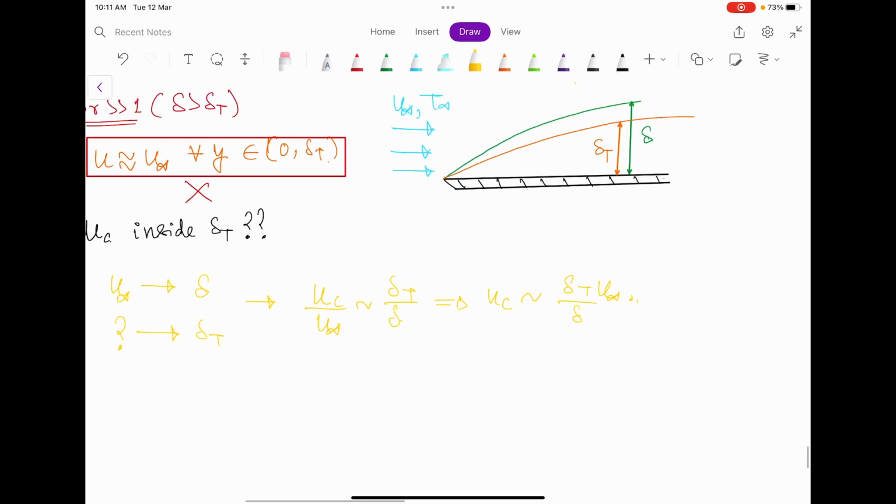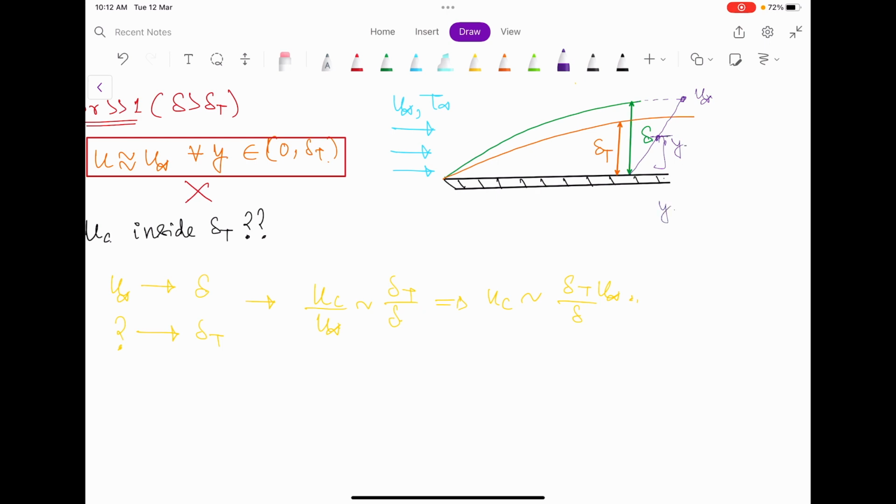This is a very rough approximation. If you consider a linear profile, then here it is u infinity, right? If this is the scale y inside the delta t, and the profile is linear, then what will be the velocity here?